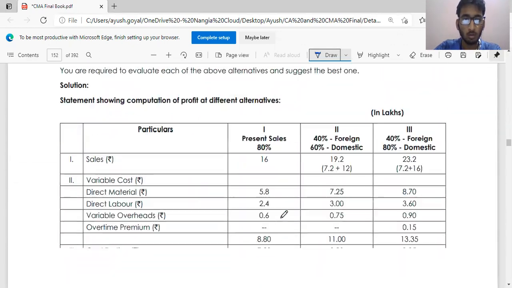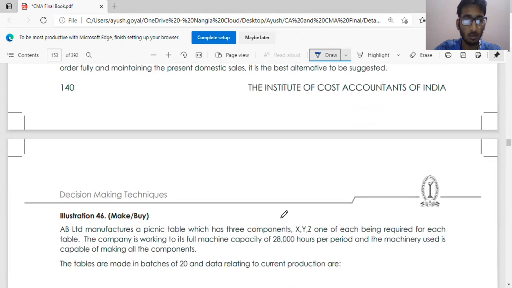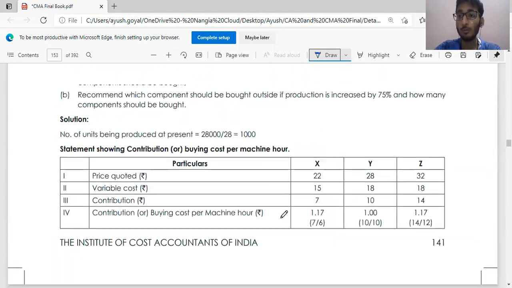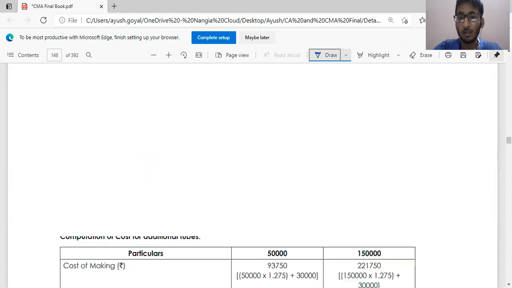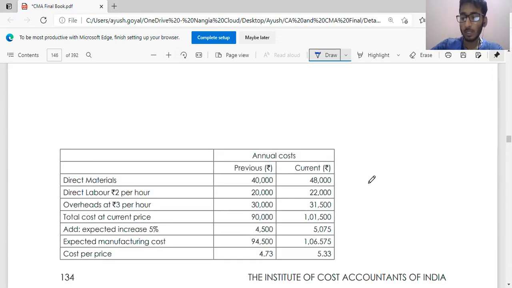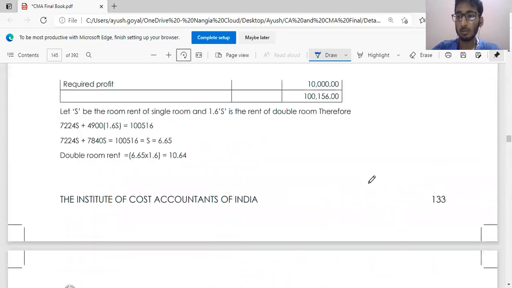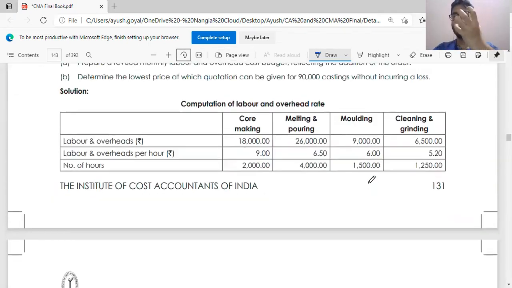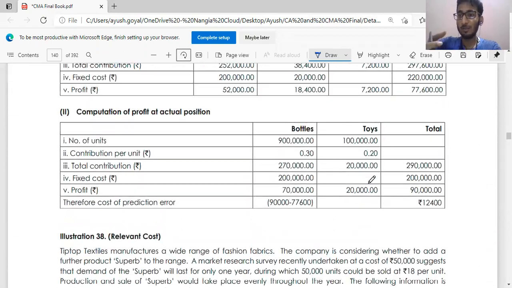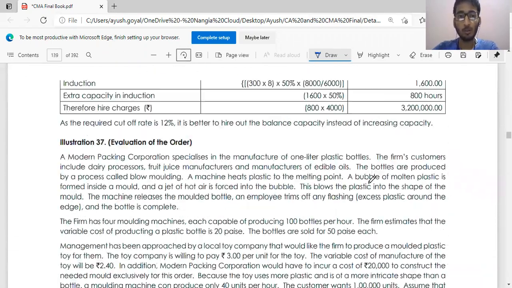Oh no, we have 46 questions total related to decision making in the CMA final study material. So we have a very good quantity of questions related to decision making. Only with this, you can understand how important this topic is.